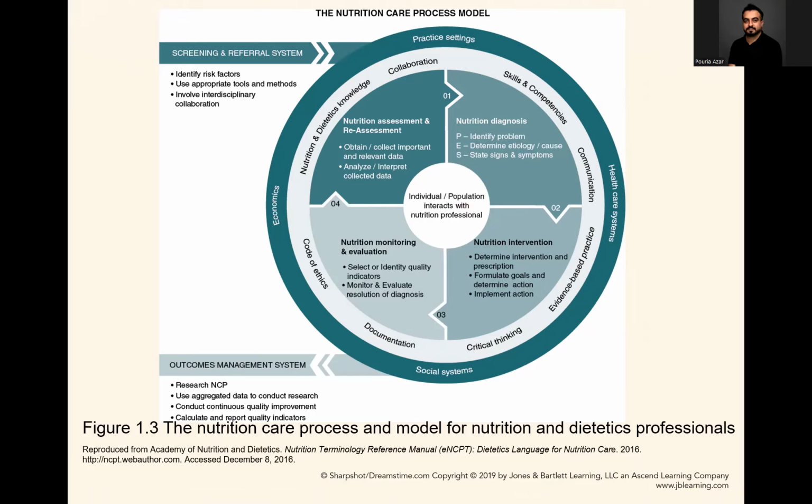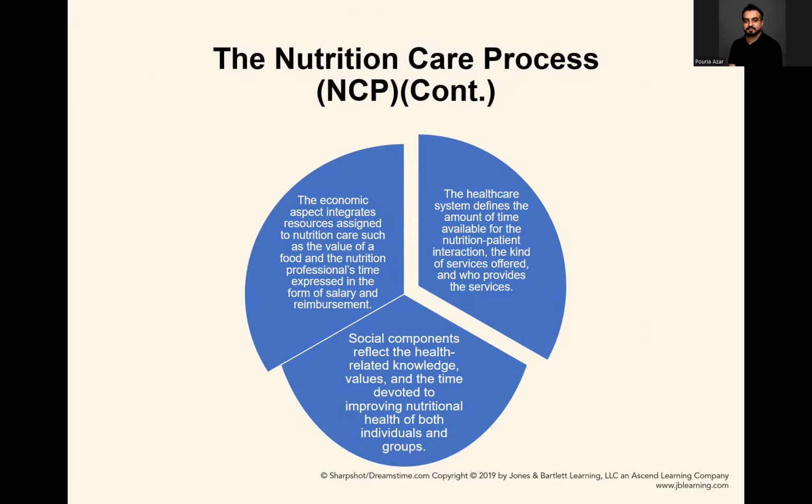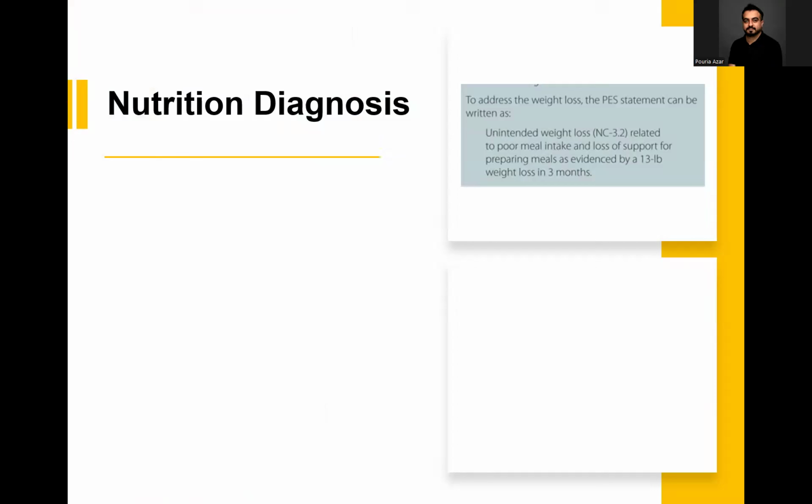And the outer layer is economics, social systems, healthcare systems, and practice settings. These are all influencing the nutrition care process, and this slide shows those external factors.